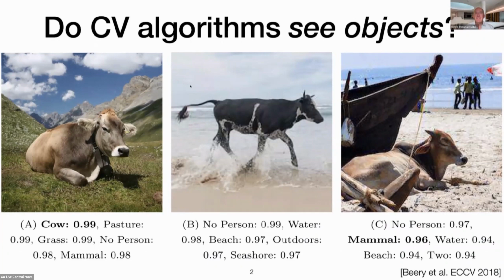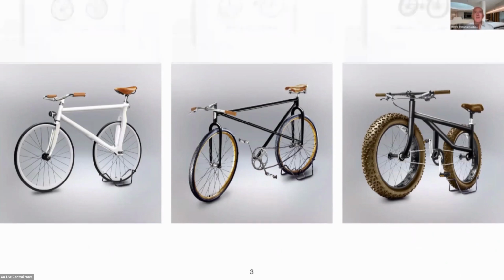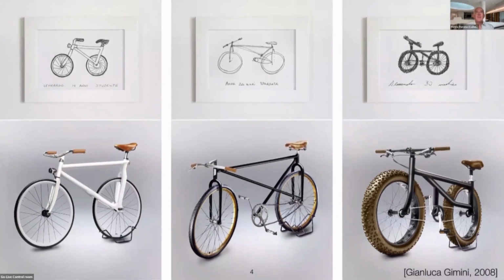Now, our visual system is much better. So I'll show you these objects. I'll ask you what they are, and you will tell me, of course, that they are bicycles. Now, it turns out that these bicycles are not real bicycles. They're built by an artist who asked students to draw bicycles, and he was impressed by the fact that people draw bicycles in ways that are completely unnatural.